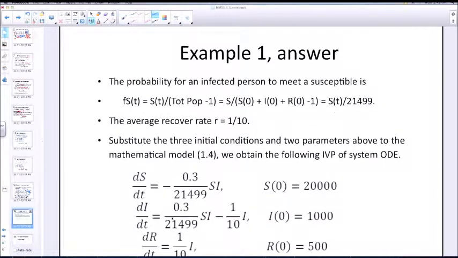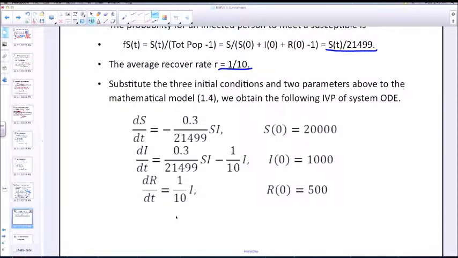Okay, put all those together, and this is the infection rate, and this is the recovery rate, and all we need is to replace the constants in the mathematics model with these values. Now it's possible to solve numerically.